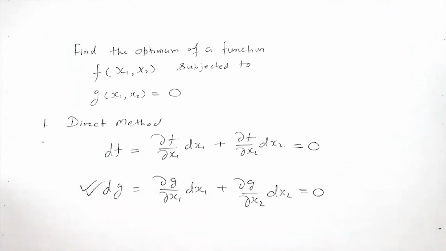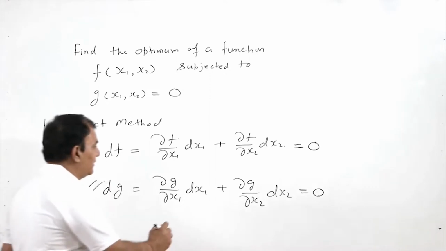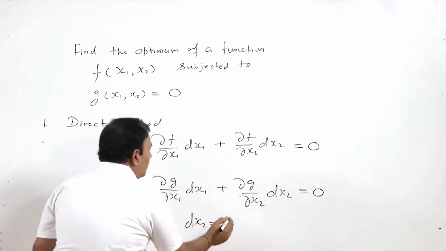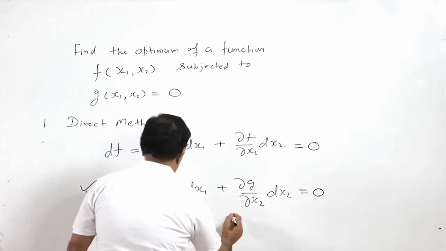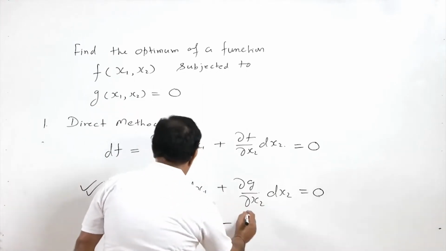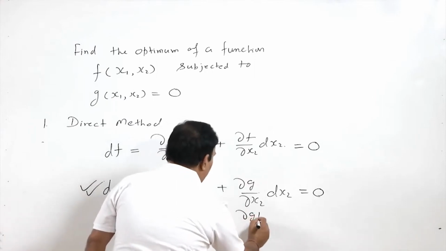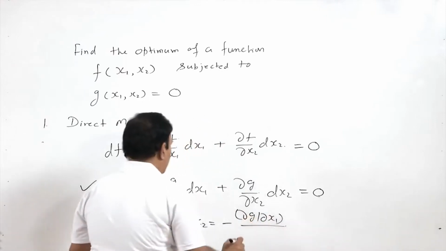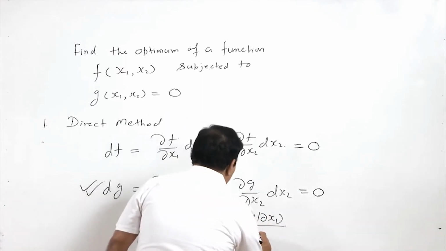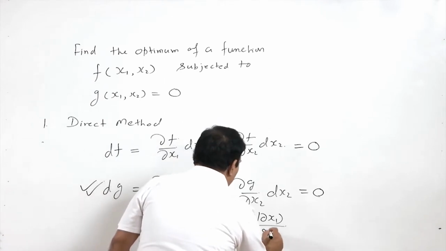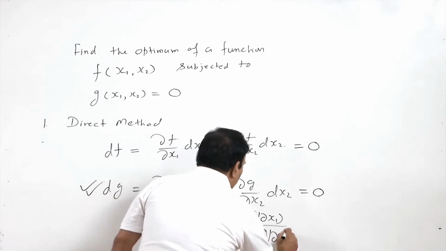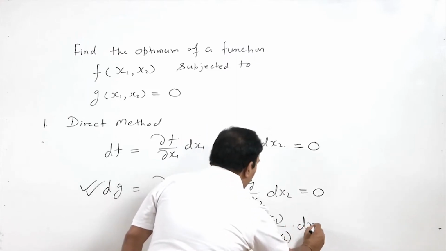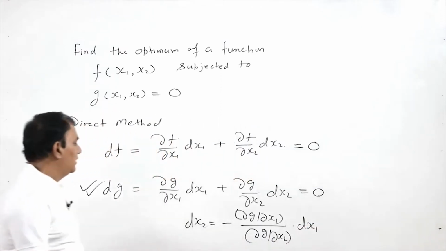That we are finding from the dg equation. So, by this equation I can simply write dx2 equals minus del g by del x1 divided by del g by del x2, multiplied with dx1.